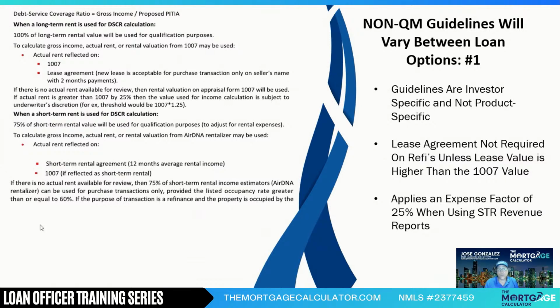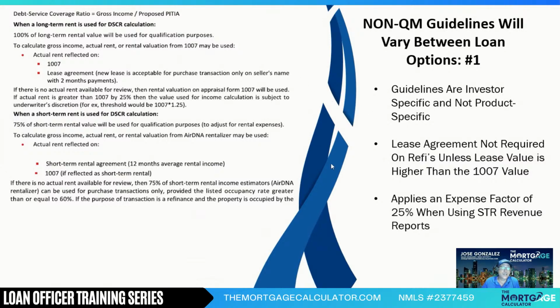Now, if you have short-term rental comps directly on the 1007, then that's it. No need to provide anything else there. No lease has to be provided. So that's a pretty flexible guideline there, as far as no lease has to be provided, because sometimes that can be an issue for some of our DSCR loans.